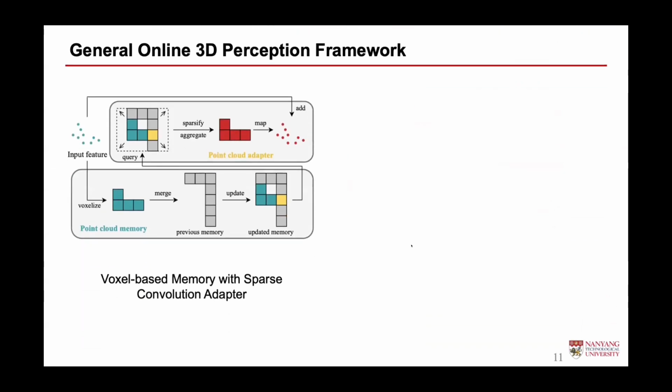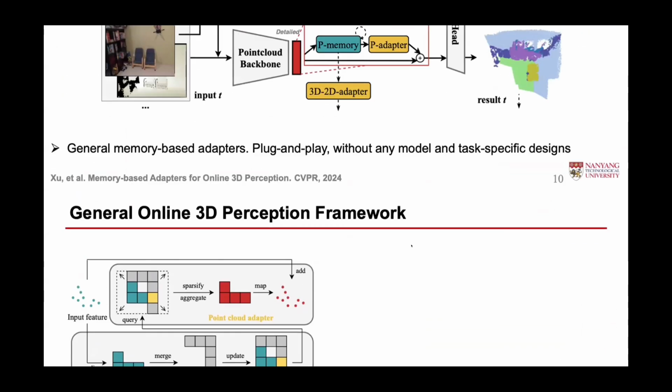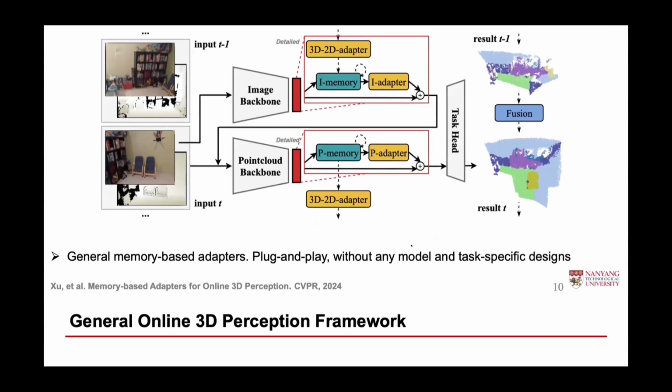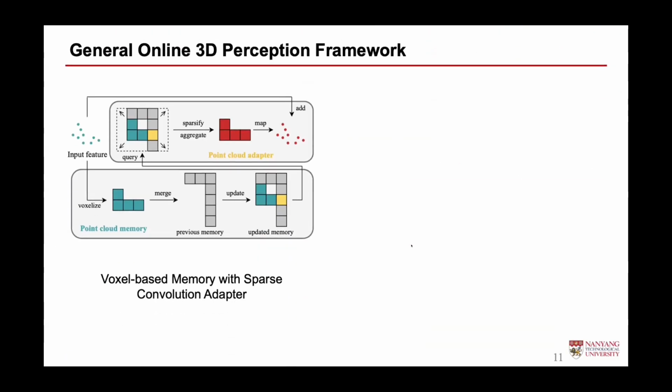For the 3D part, I mean, for the point cloud part, it's very intuitive. We just voxelize all the point cloud and then do a max pooling between current features and the memory features. After that, we get our memory. After we get the memory, we can query the memory with the current feature based on the neighborhood and enhance the feature.